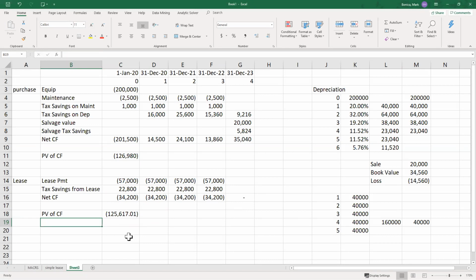So we have the present value of the lease option is $125,617. Right. So now we can do the net advantage to leasing.